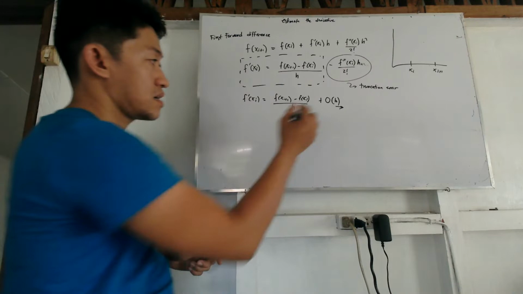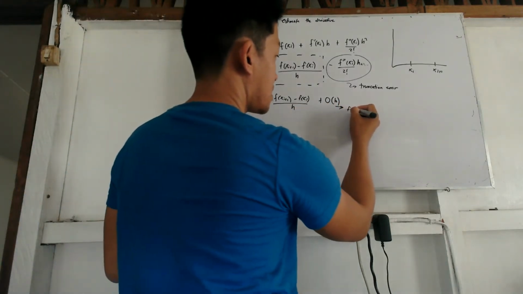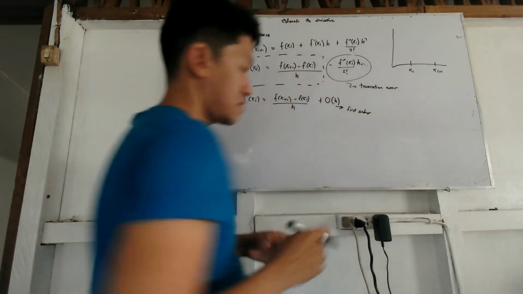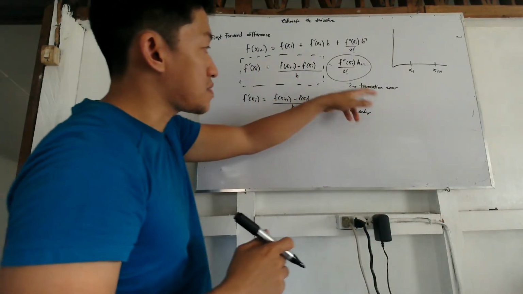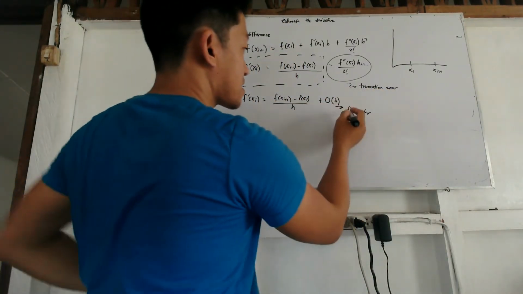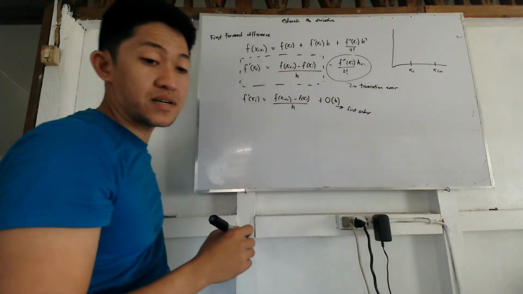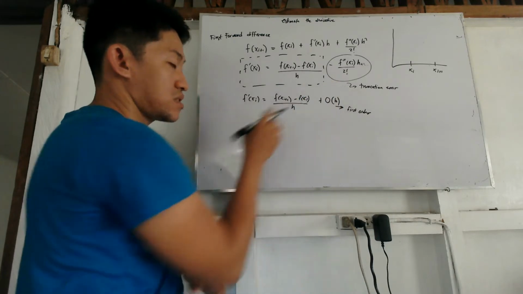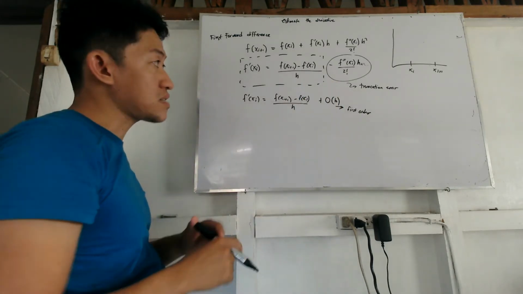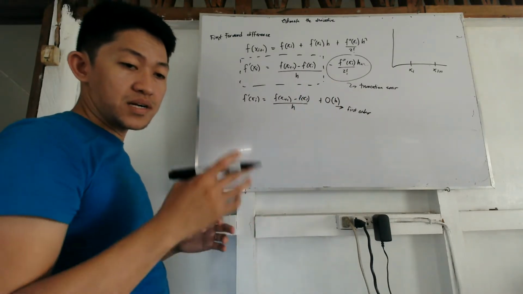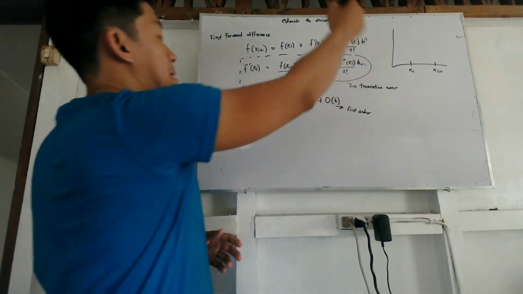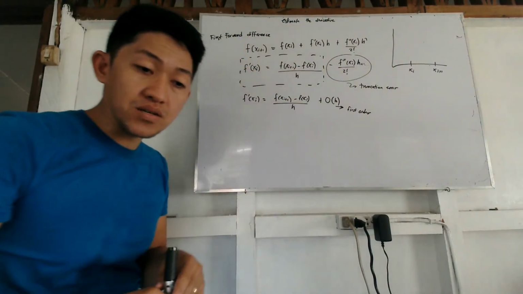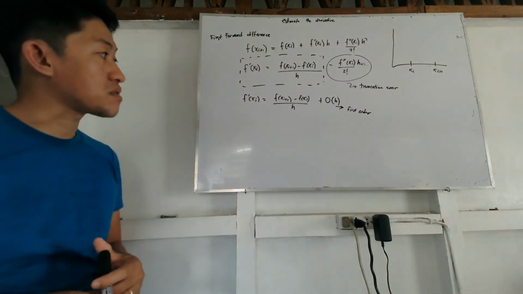Okay, so what you observe is that the truncation error is of the first order, meaning O(H). So take note that the more terms that you use for your approximation, the better will be your approximation.